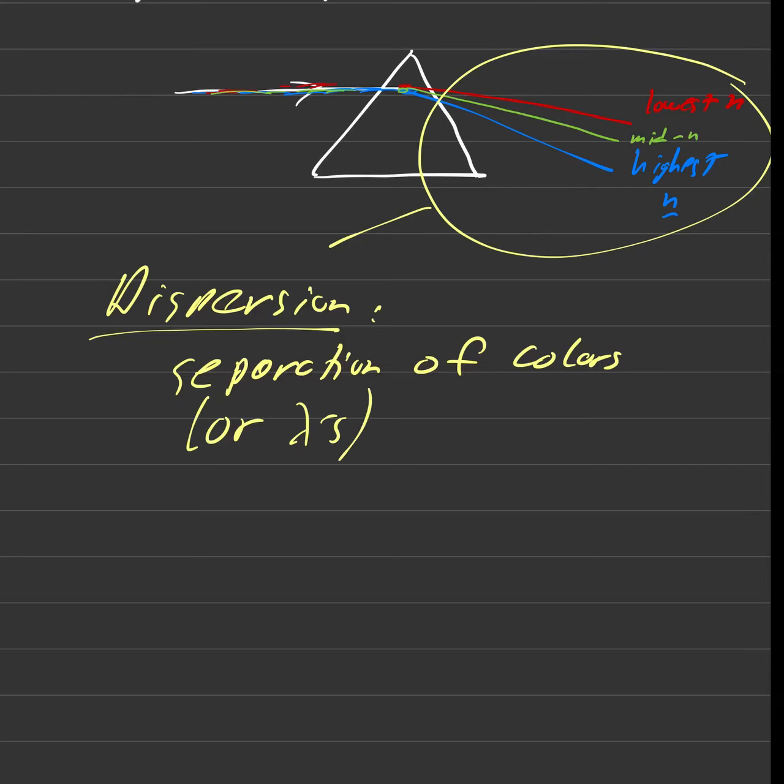Separation of colors or wavelengths due to their color. And if I want to be a little more abstract about it, I can say separation of, instead of colors, maybe I'll use the word light. Separation of light due to their color.